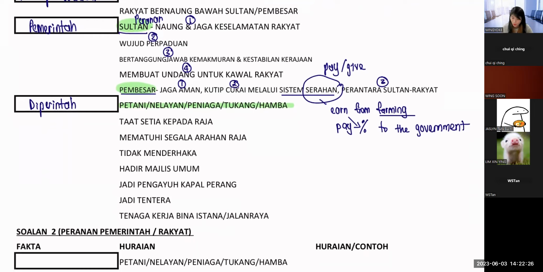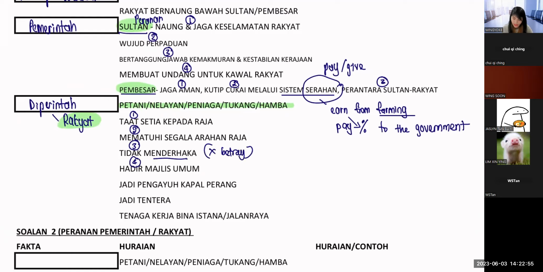So according to our di perintah, which is our rakyat, rakyat consists of petani, nelayan, peniaga, tukang, hamba. So they are what? They taat setia kepada raja, mematuhi segala arahan raja, tidak mendahaka, they will not betray.